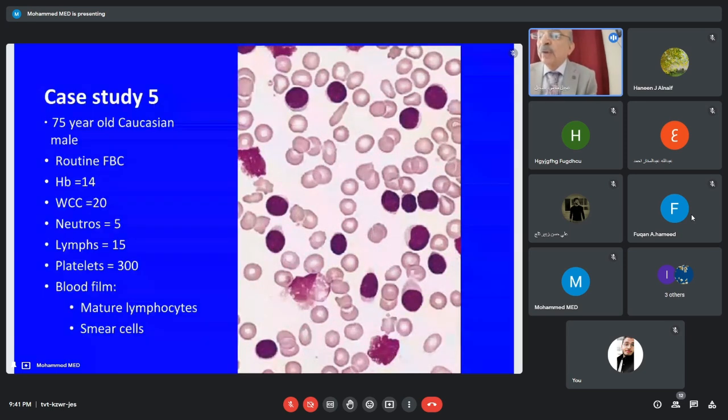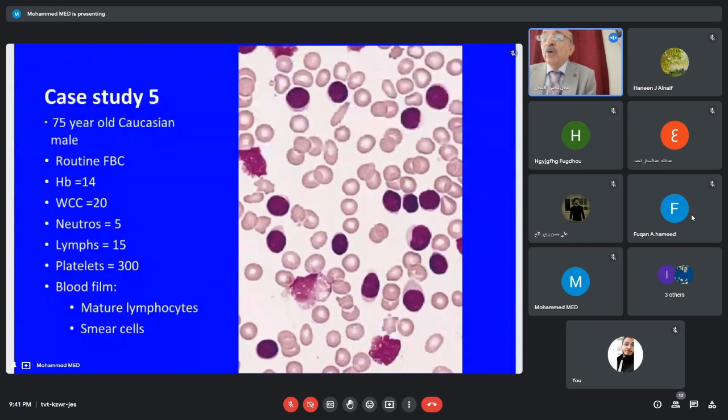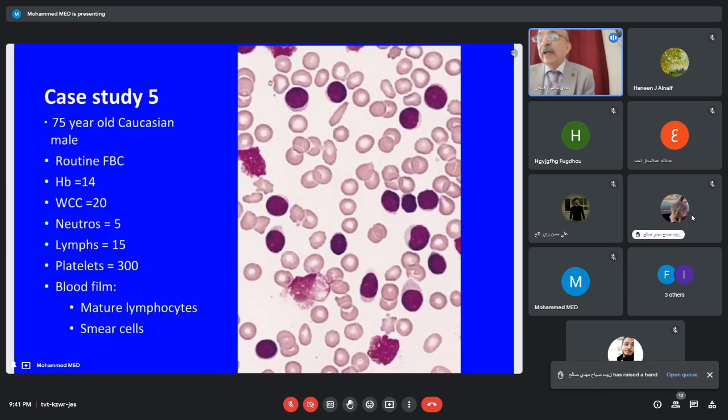If they are immature, they will be highly suggestive of lymphoblastic leukemia. No, these are mature, but the white cell is high. So this is probably a chronic lymphocytic leukemia, CLL.